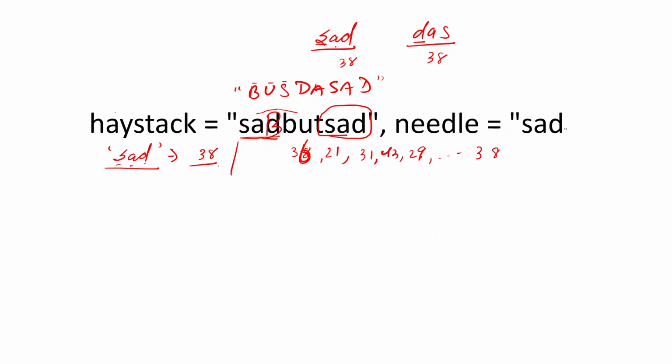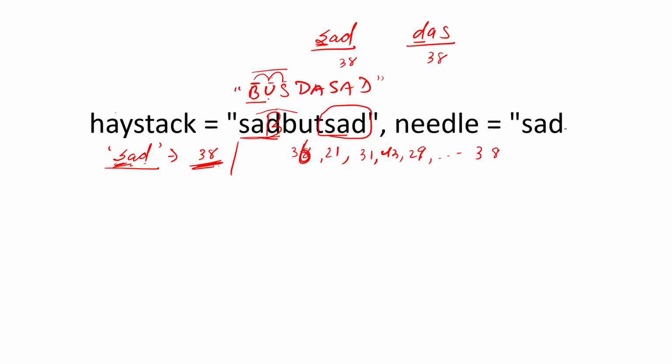Suppose this first character is not equal to the first character in this string, then also I will have to calculate the sum of three consecutive characters to see whether the sums are equal. Although I know at the first step itself that the first character is not equal to the first character of needle, I am still calculating the sum of all the characters.